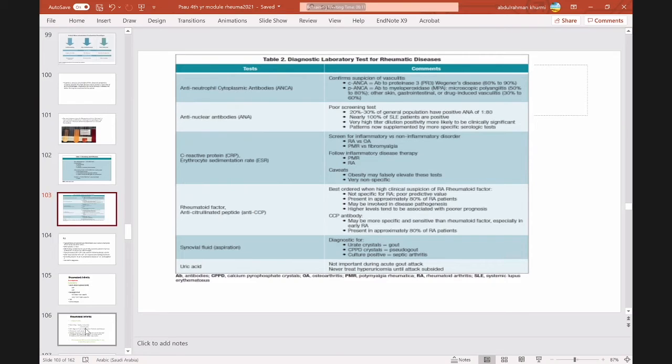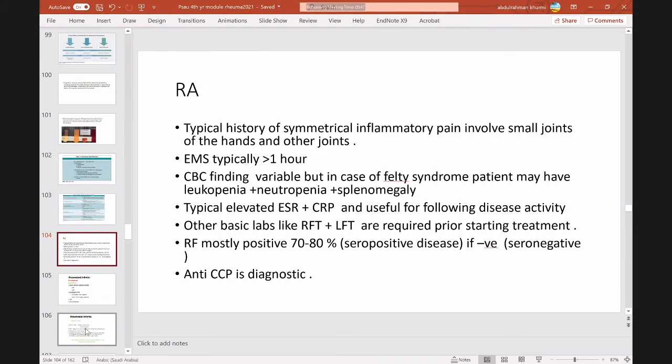And you have uric acid, which you use for gout. Anti-neutrophil cytoplasmic antibodies, ANCA, are of two types, C-ANCA and P-ANCA. C-ANCA is seen in Wegener, P-ANCA is seen in other diseases called microscopic polyangiitis and Churg-Strauss syndrome. We'll come to every one of them.